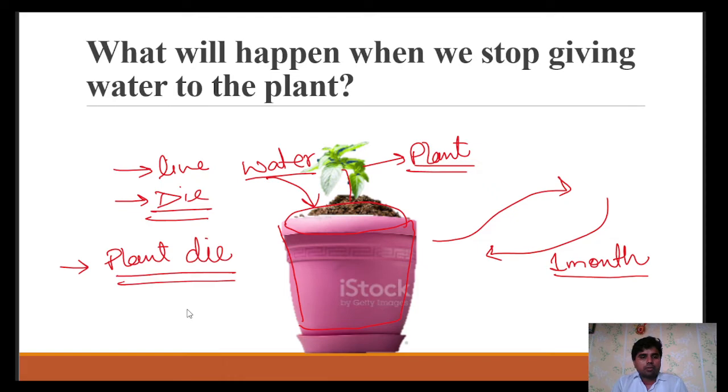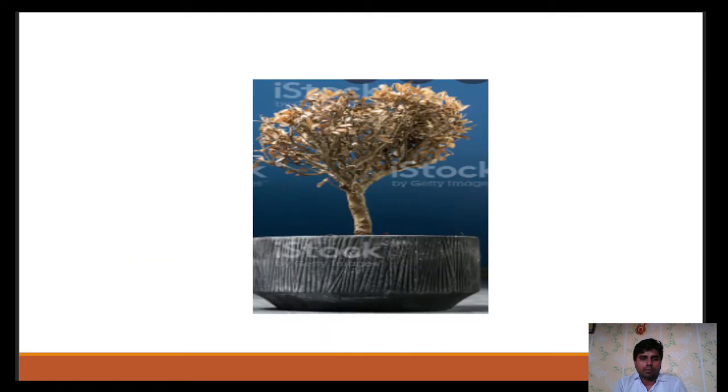So all three conditions are necessary for plant growth, that are water, carbon dioxide and sunlight. Okay students, see, I have also pasted the picture of this plant after 1 month.